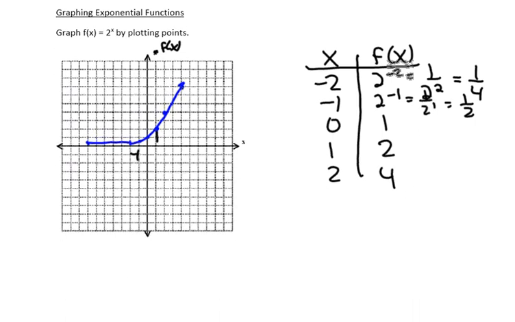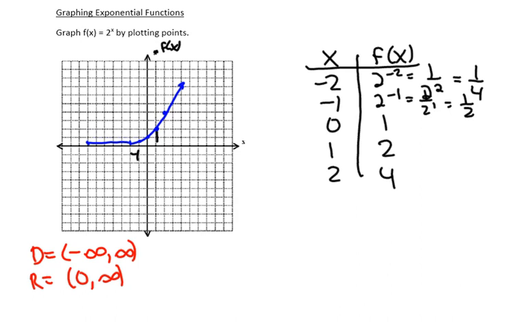So the domain is all real numbers. There's no restrictions on what values I can plug into this function. Now, the range, on the other hand, is never going to be 0, and it's not going to be negative. As x is getting smaller, I am approaching 0, but I'm never going to be 0. So 0 is not included, but it goes to positive infinity.